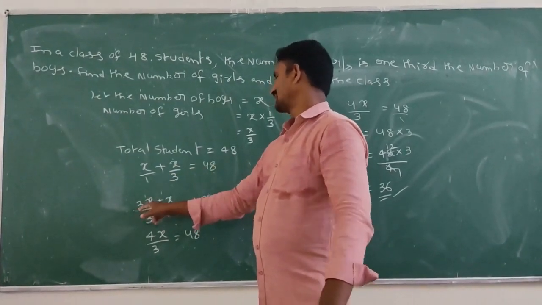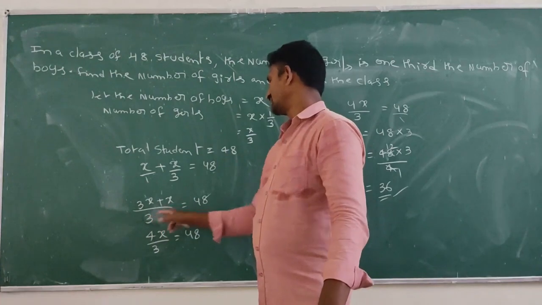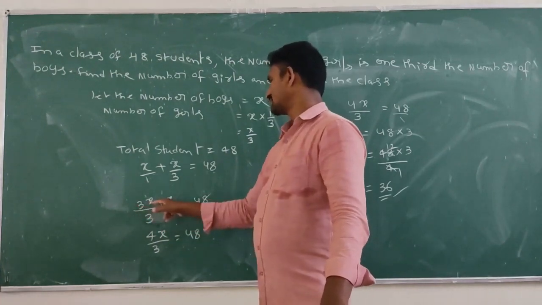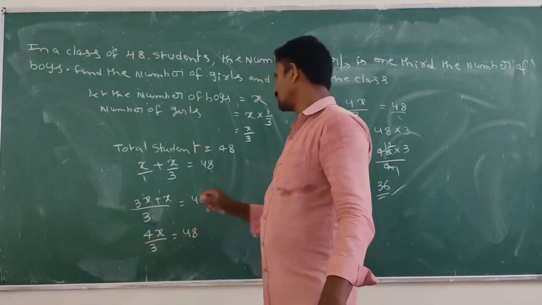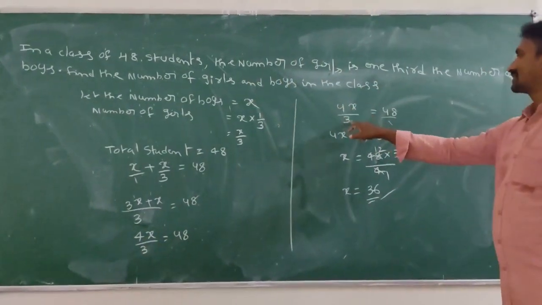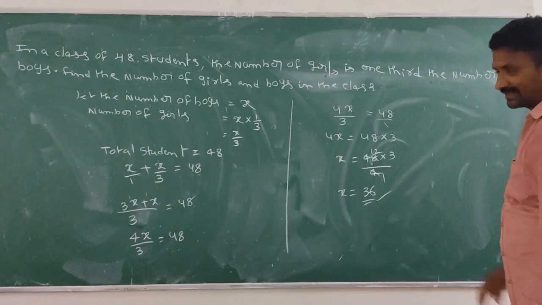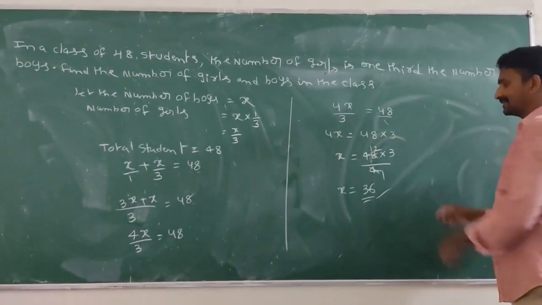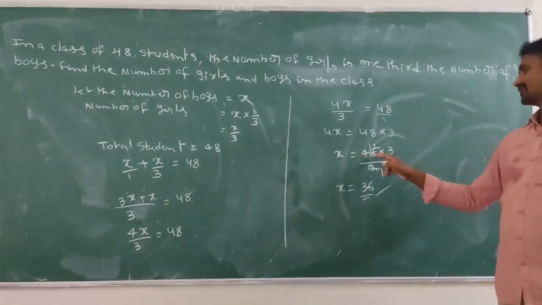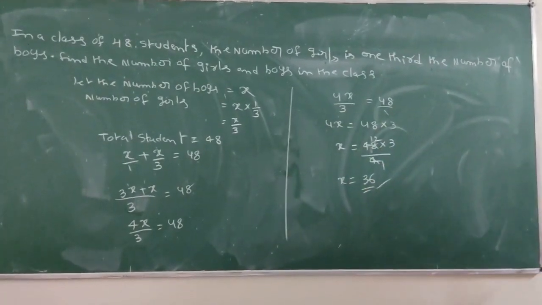LCM: 3x plus x equal to 4x by 3 equal to 48. Cross multiplication: 4x equal to 48 into 3. x is equal to 36.